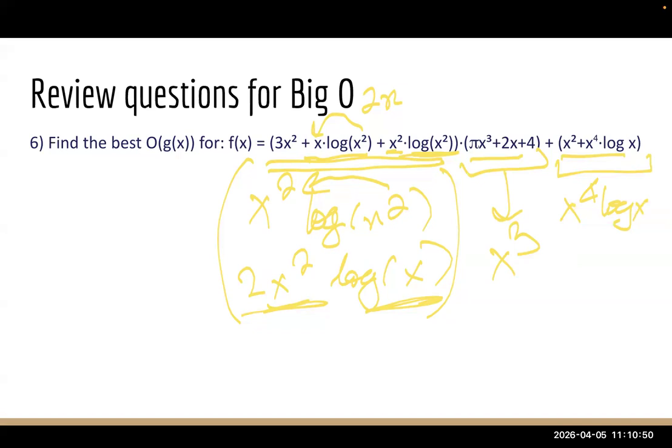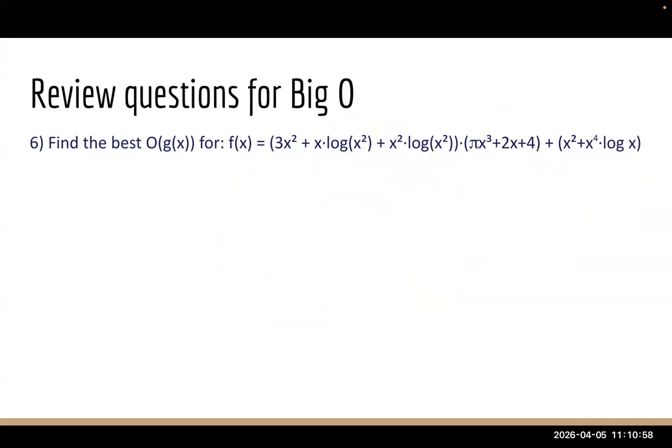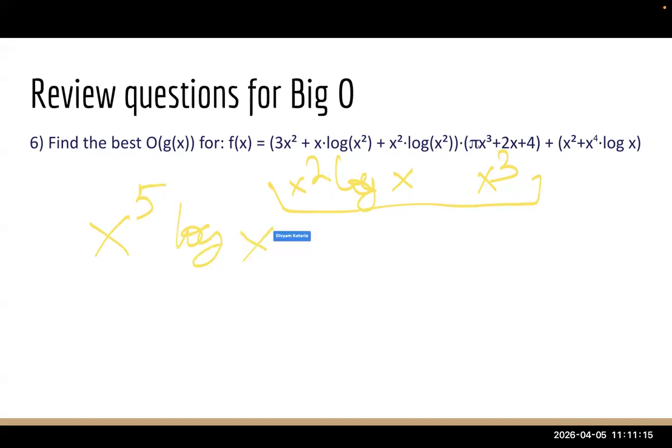So since this is technically in product, we'll use the product rule that we had initially used when multiplying time complexities. So the time complexity for this combined would be: this was x squared log x, this was x cubed. The product for these is x to the power 5 log x. Now for this last equation, it was anyways x to the power 4 log x.